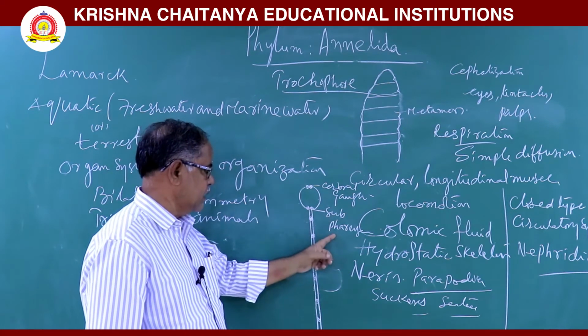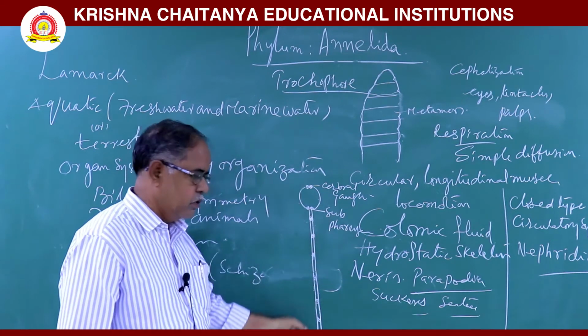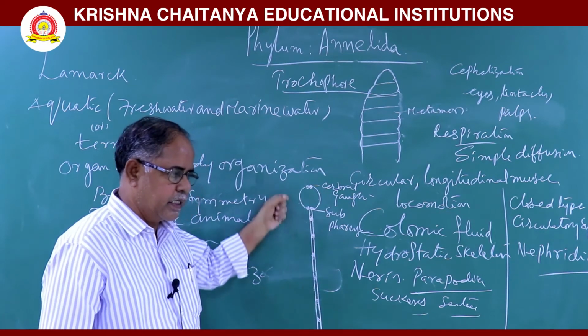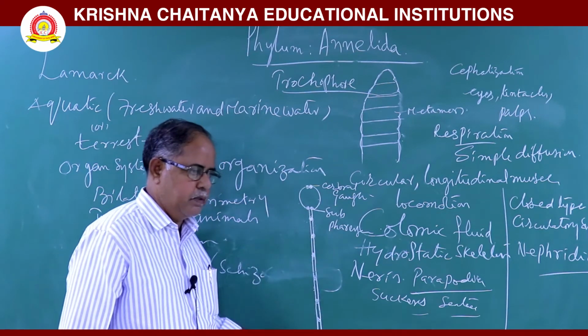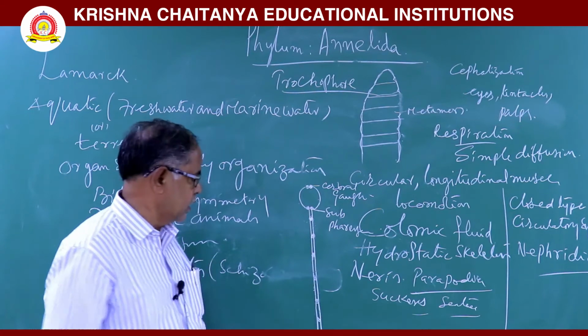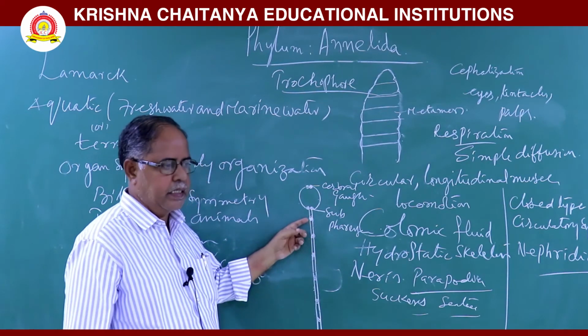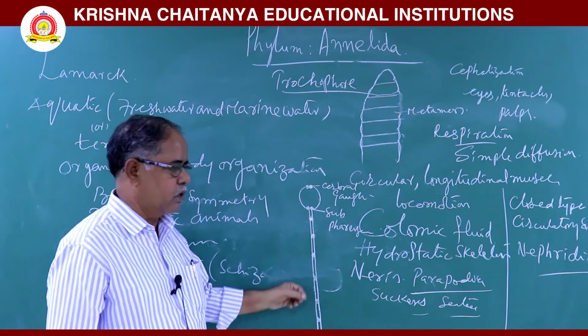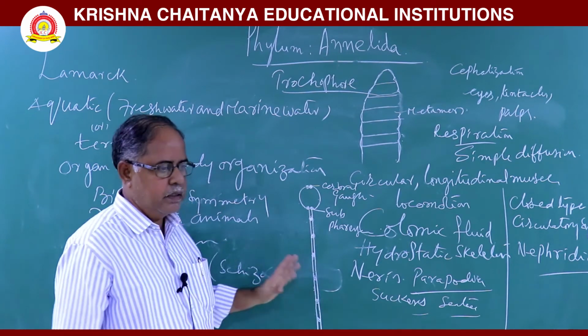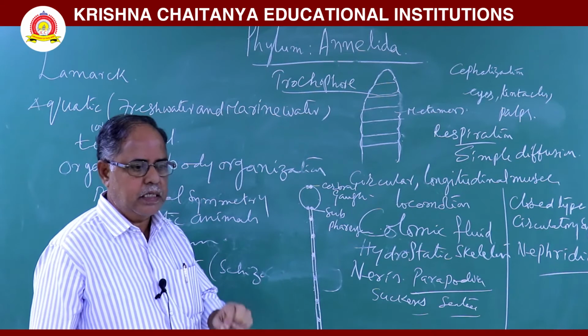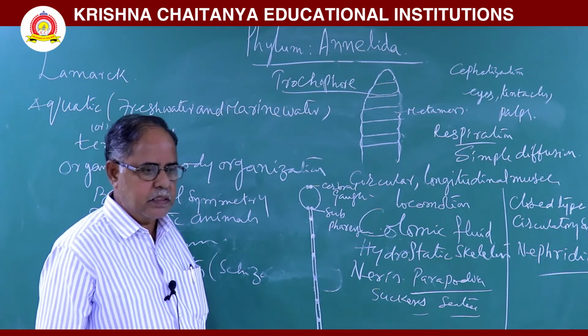From the subpharyngeal ganglia, one pair of nerve cords arises. They run mid-ventrally to the posterior part of the body. A ganglionated double ventral nerve cord is present. Totally, this type of nervous system is called the Annelidian type of nervous system.